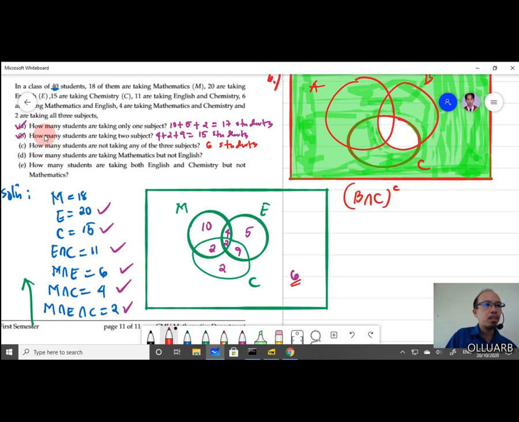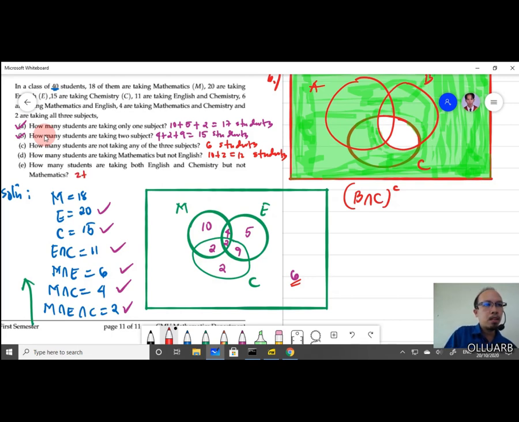How many students are taking mathematics but not English? So M minus E, but not English. So this one, 10 and 2. We have 10 plus 2, which is 12 students. How many students are taking both English and chemistry but not mathematics? So these numbers are 2, 9, and 5.